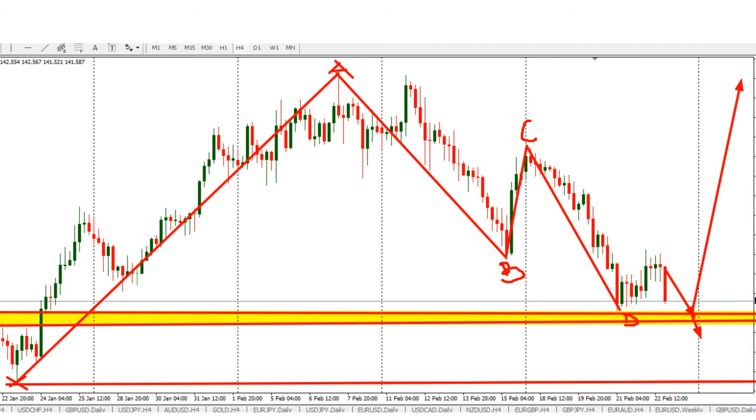But as it stands, our focus is on this potential reversal zone at point D, and once price gets to this area or we see any price action setup, we'll be looking to buy on market resumption.